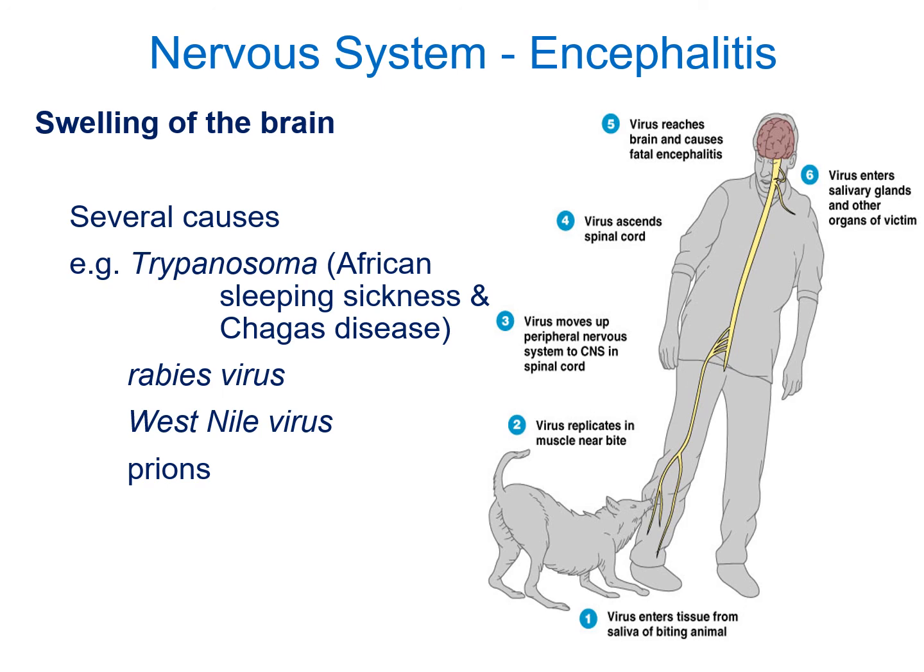What's kind of interesting about rabies is it's one of the few diseases that you can fight with a vaccine after you've acquired it. We've got a picture here, someone being bitten by a rabid animal, and what's going to happen is the virus, which is in the saliva, is going to penetrate deep into the skin and make its way towards a peripheral nerve.